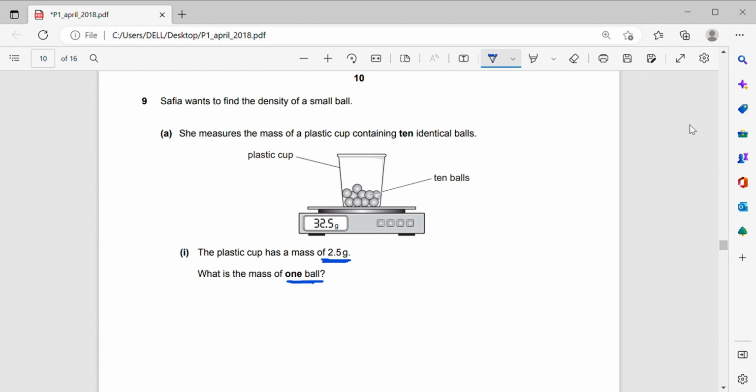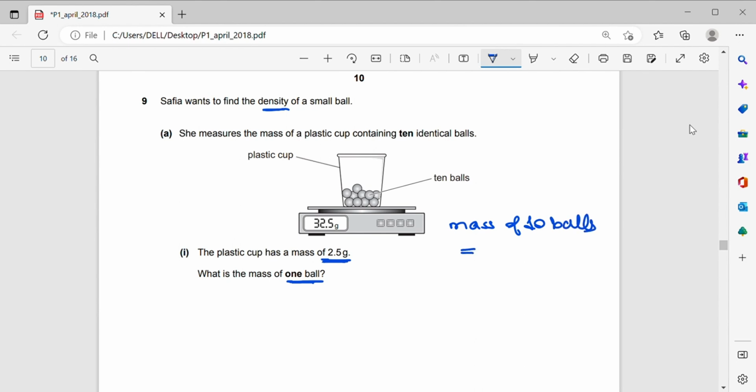Okay, here she wants to find the density, and she measures the mass of the plastic cup containing the 10 identical balls. The mass of the empty cup is 2.5. So, what's the mass of one ball? First, the mass of the 10 balls is equal to what?